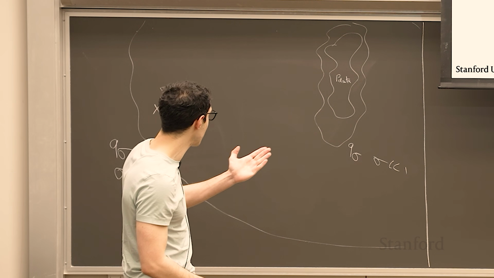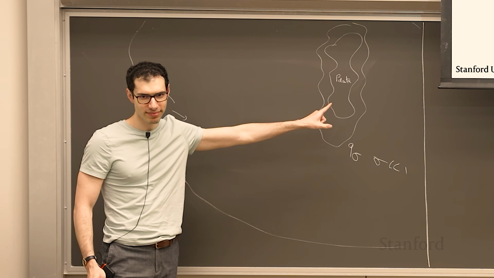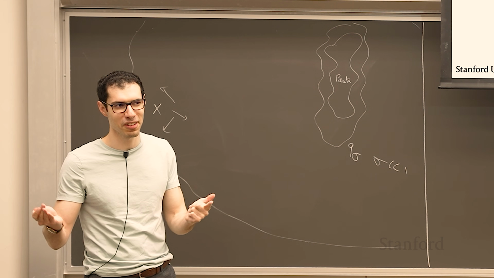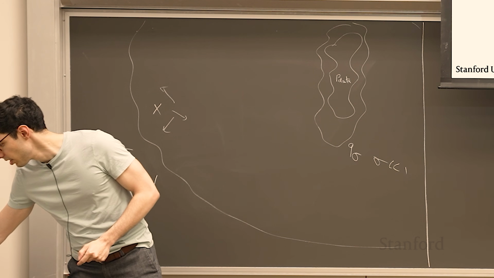But the problem is that now Q sigma is too different from your P data. So in other terms, what you're learning is not exactly what you want. It's like something that's different. So you have this trade-off.